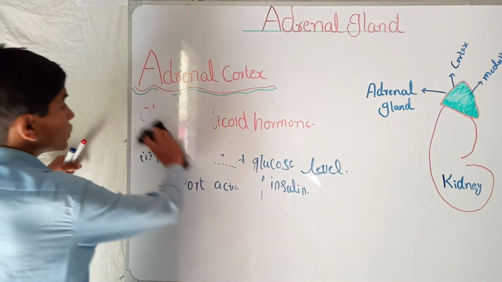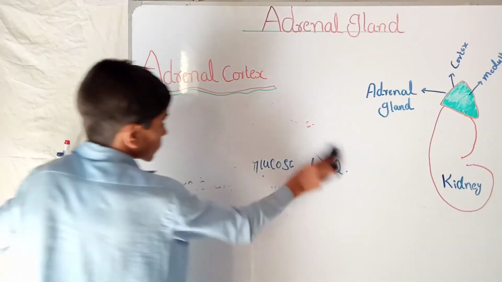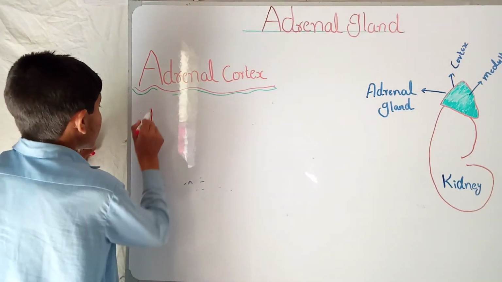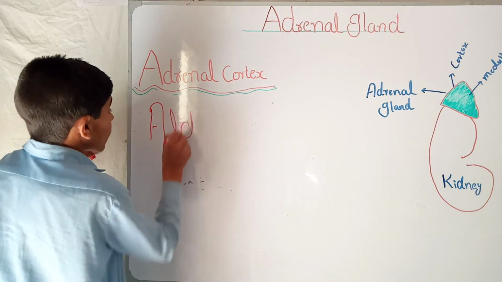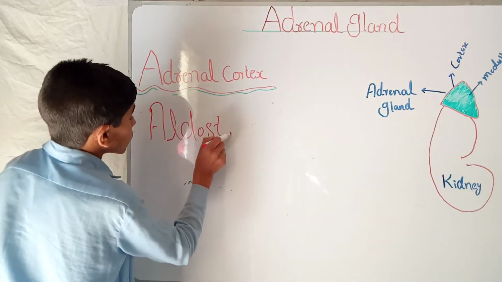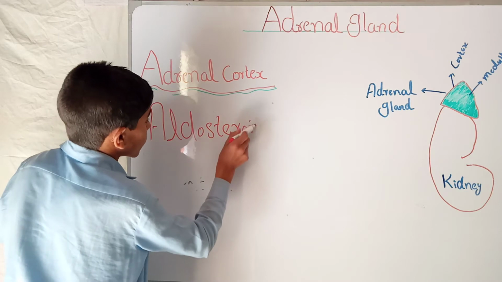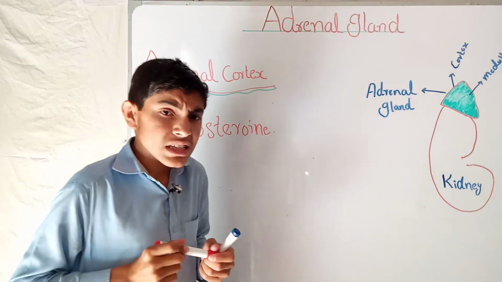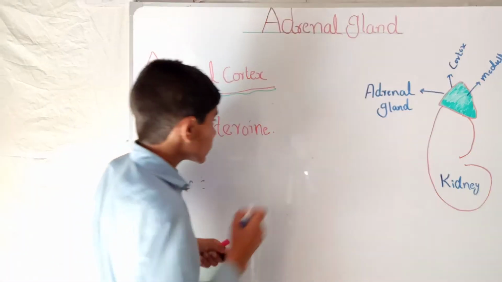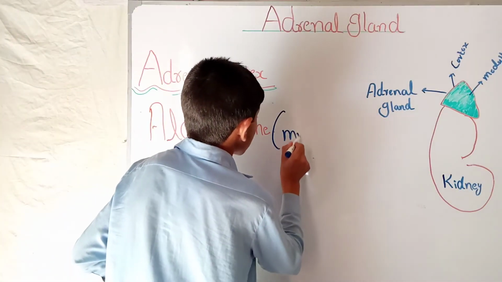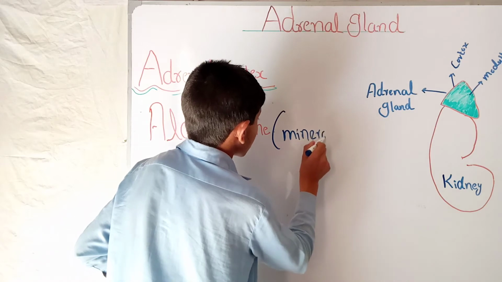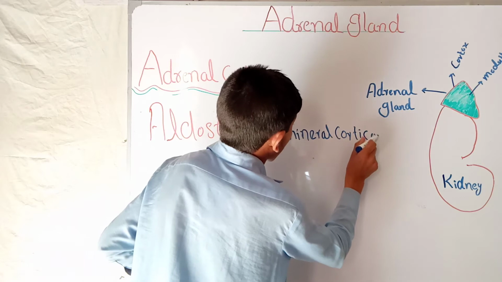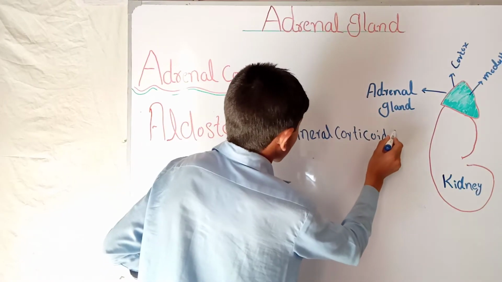The next hormone is aldosterone. Okay. The aldosterone hormone we also call a mineralocorticoid hormone.